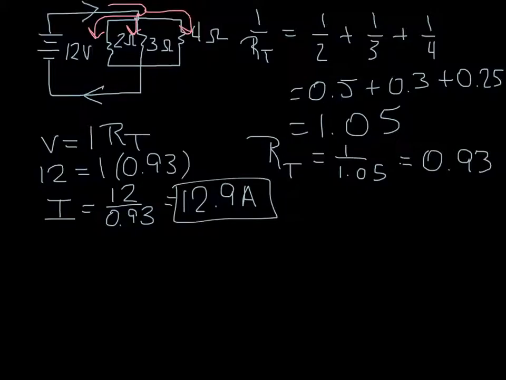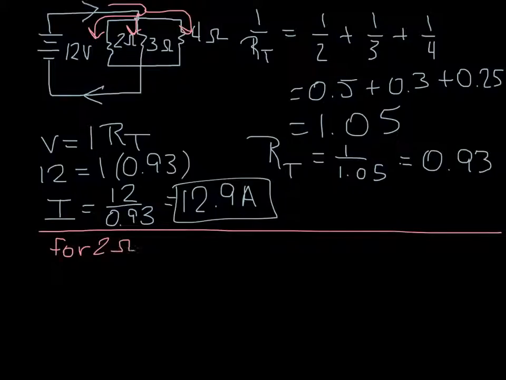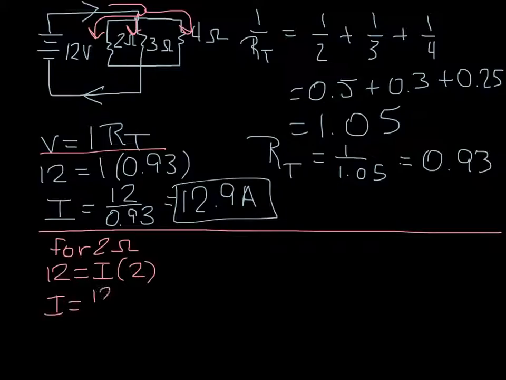So, going back to our problem, what is the current through the 2 ohm resistor? We know V equals IR, our go-to problem. So, we know 12 is equal to I times 2 ohms. So that means I is equal to 12 divided by 2, which is 6 amps.